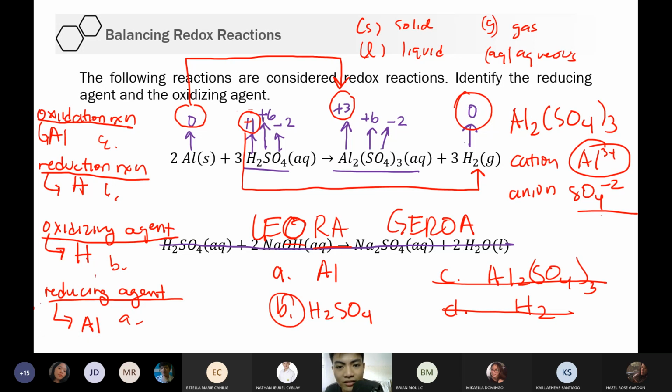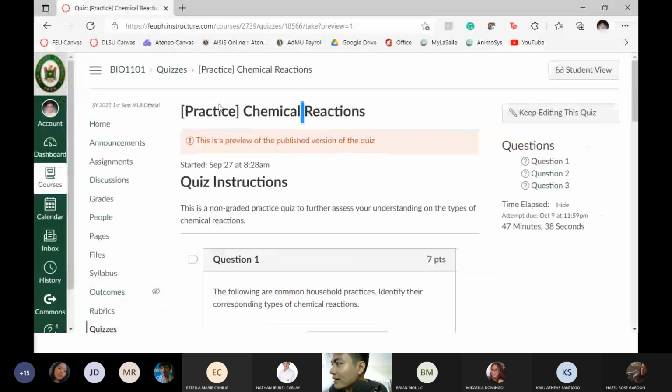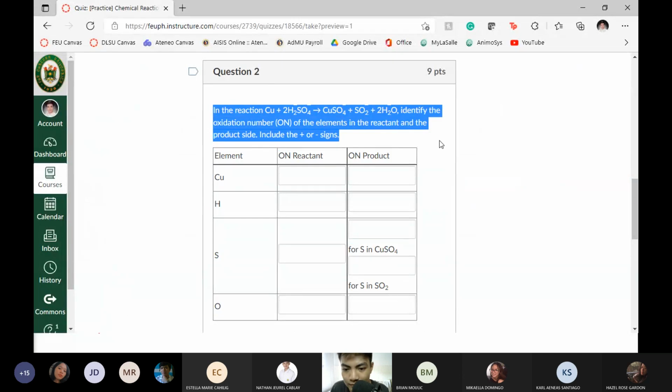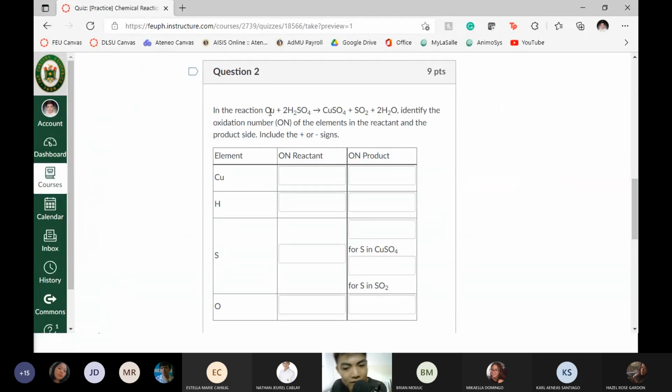Siguro magbibigay pa ako ng practice quiz. Separate, no? For oxidation numbers naman. Ay, hindi. Meron na pala nun dito sa Canvas. Sorry. Meron na pala. Ayan, ito. So, parang ganito yung ginagawa natin. Lagay pa ako. Sige, dagdagan ko. Pero mamaya na.